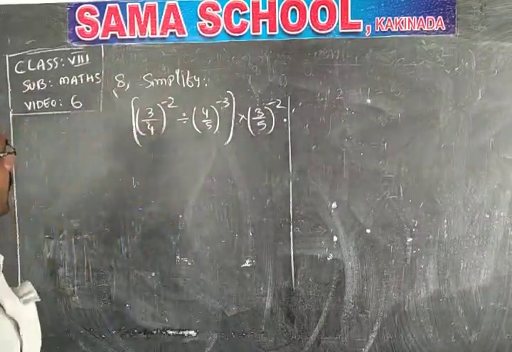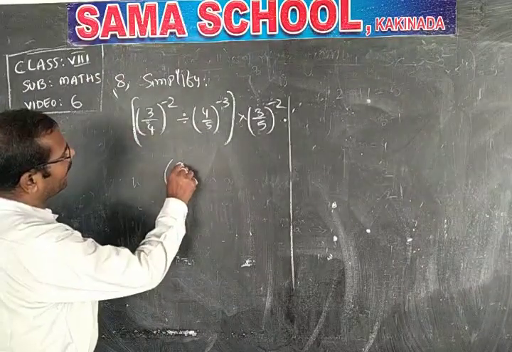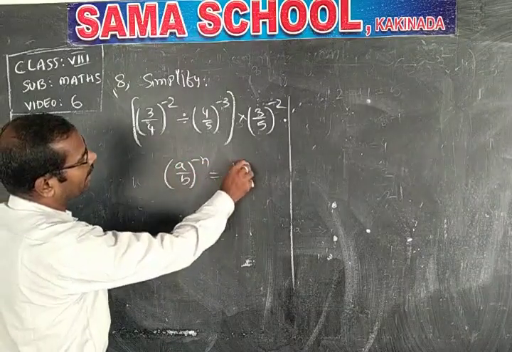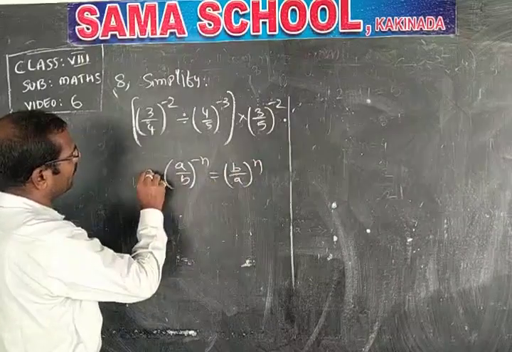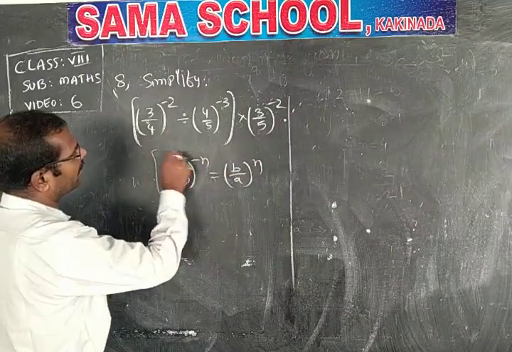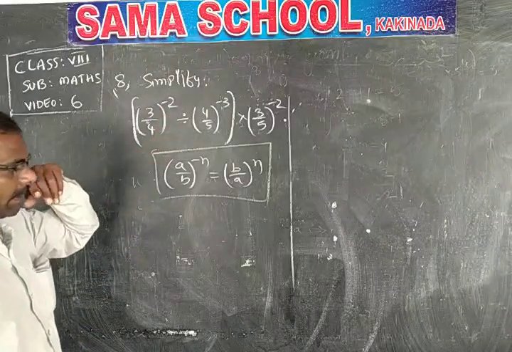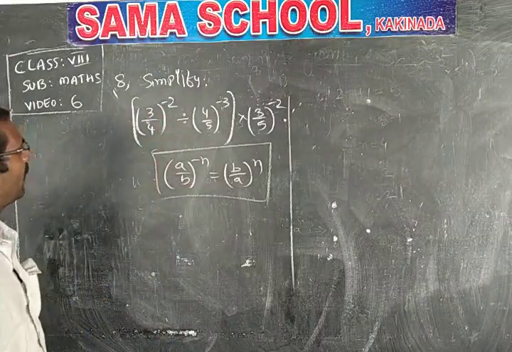As previously, a by b whole power minus n you can write as b by a whole power n. It is already a formula: here negative power is there, you can write it as positive power.